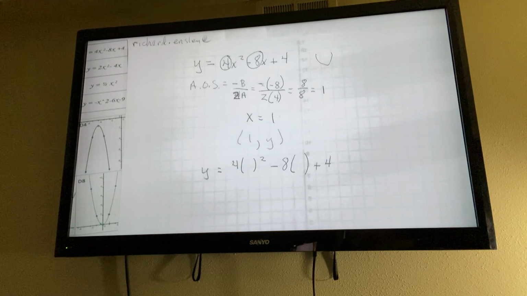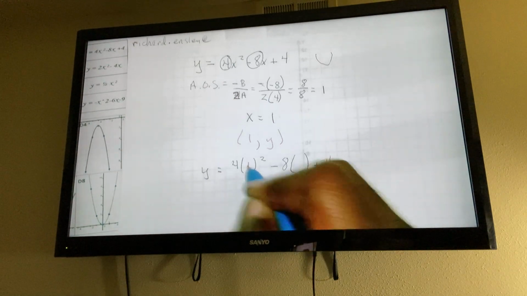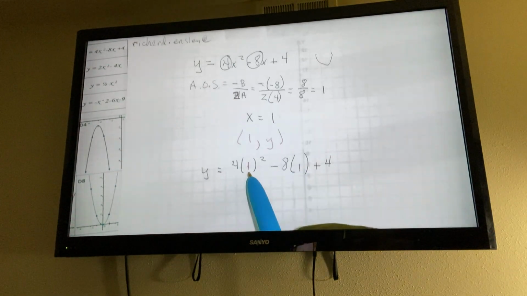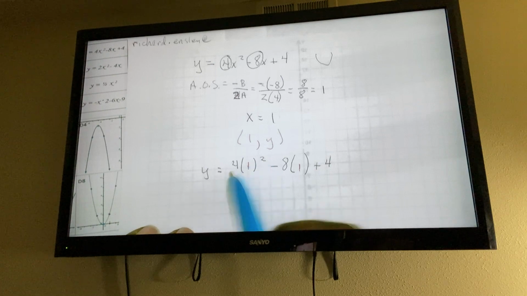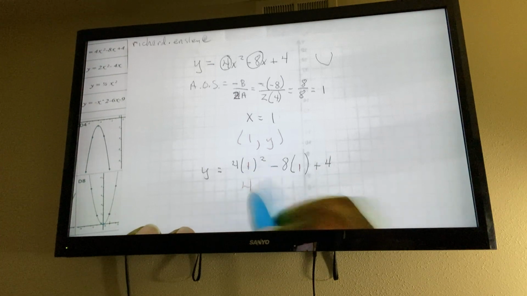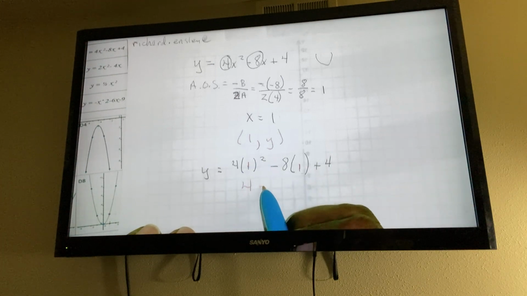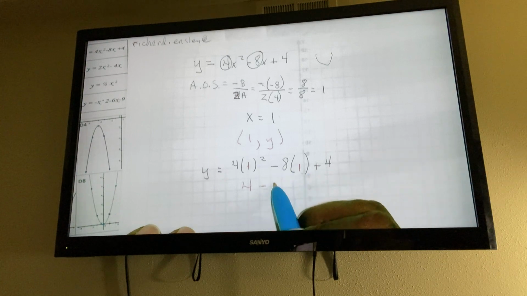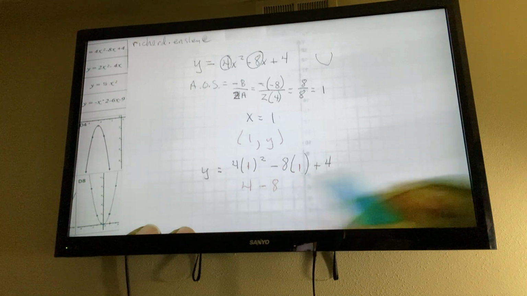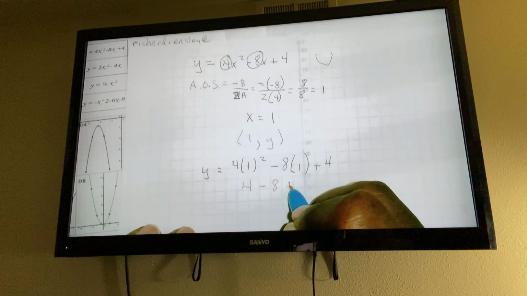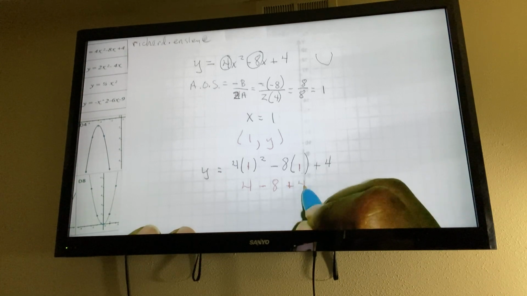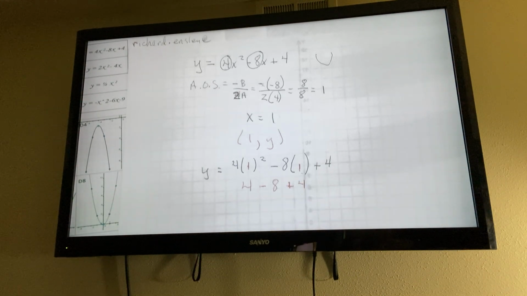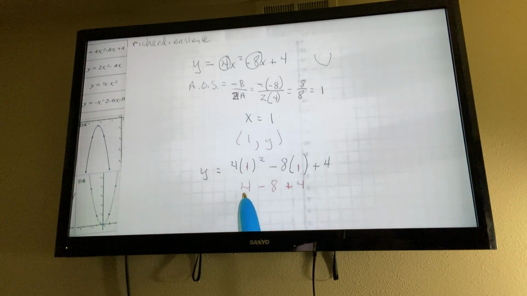Okay, and we said x was 1 this time. So 1 squared is 1 times 4 is 4. Minus 8 times 1. Okay, plus 4. All right, so 4 and 4 is 8 minus 8.